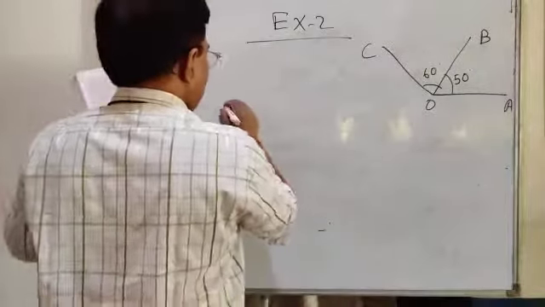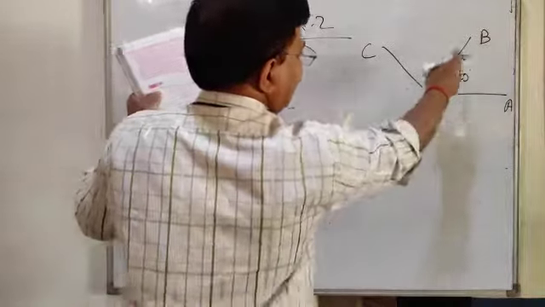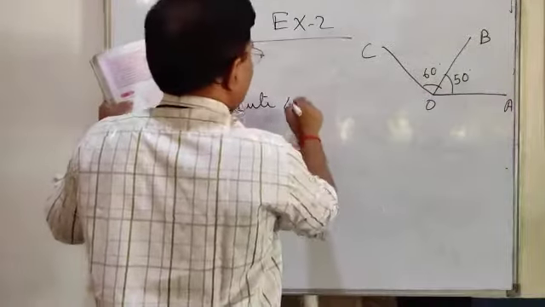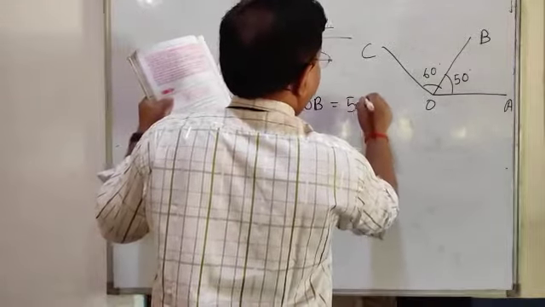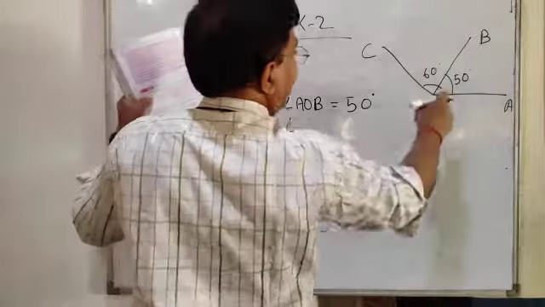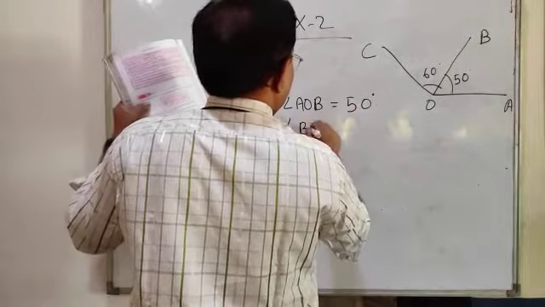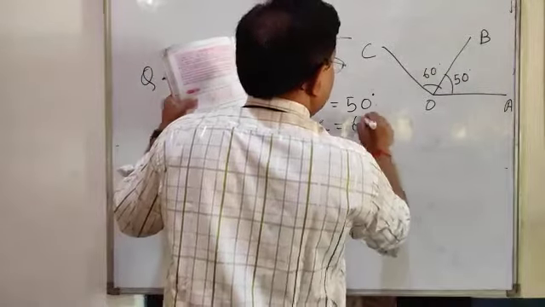Our question is, find the measure of the acute angle. How to write the acute angle? See here, angle AOB is equal to 50 degrees. Acute angle BOC is equal to 60 degrees.